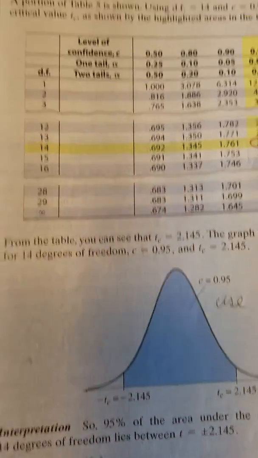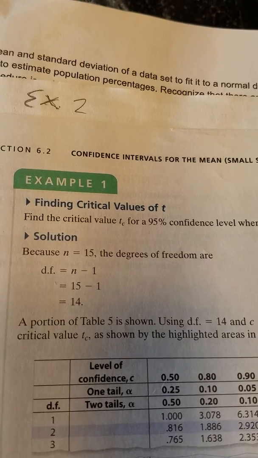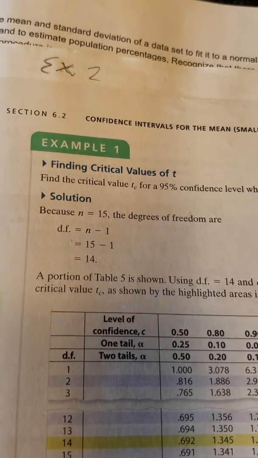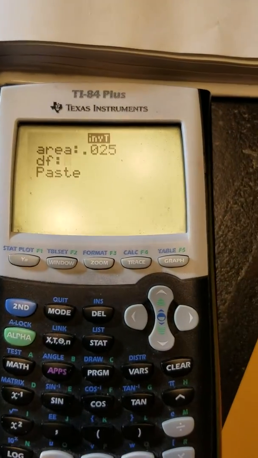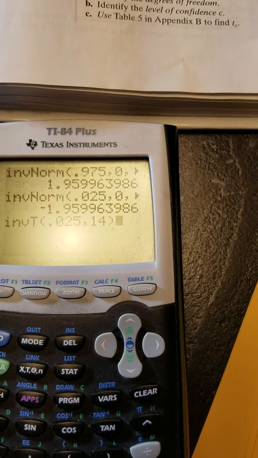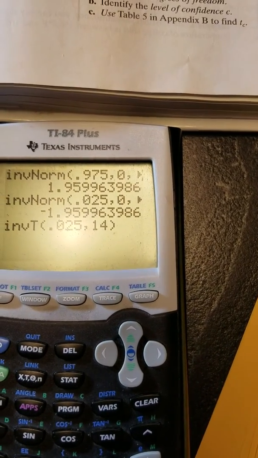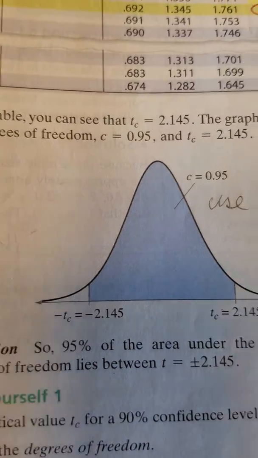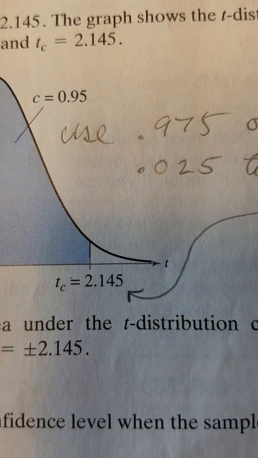Where does that come from? In this problem, it came from up here. N was 15, so we subtract 1, and that's degrees of freedom, 14. When I put that in, there it is. See how it matches up there, but of course I'm going to use the positive one, right?